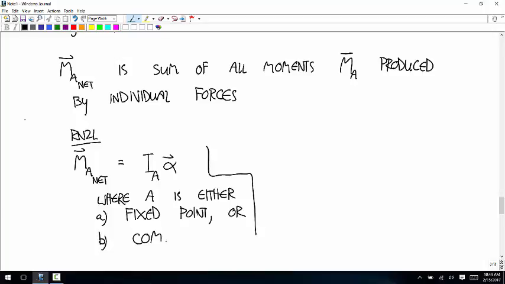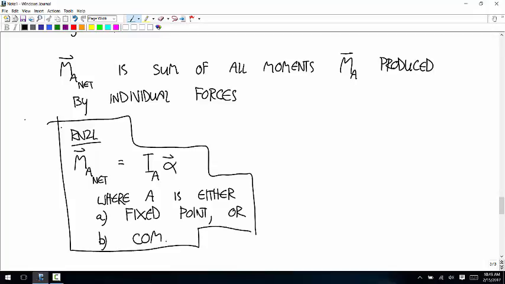Okay, so this is going to be a key thing for rigid body dynamics, and on Friday we'll talk about how to use that. Okay, that's all.